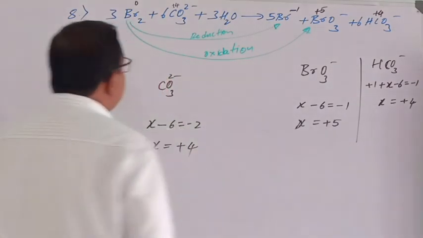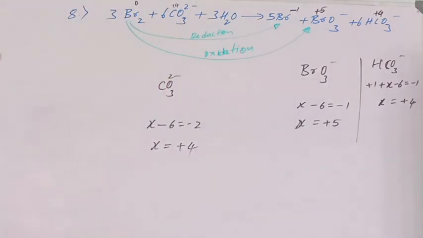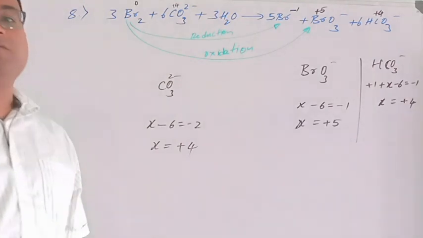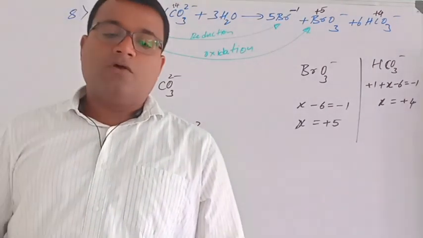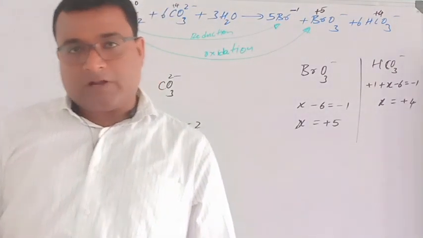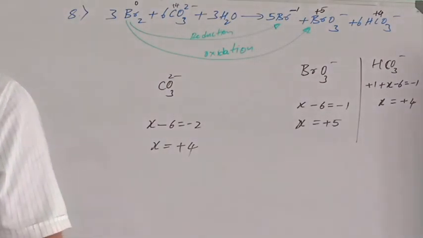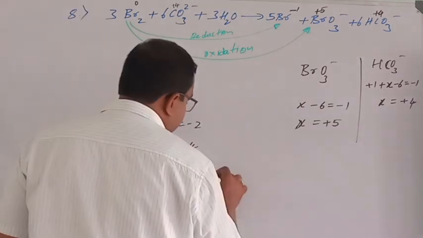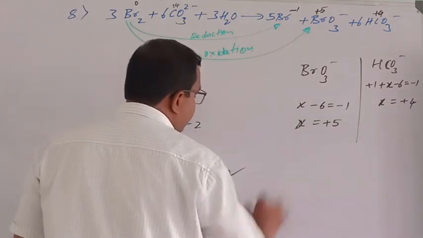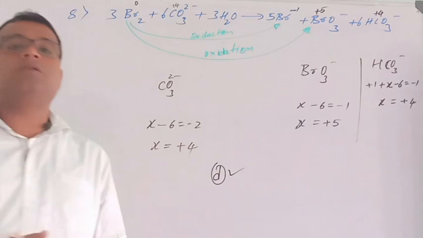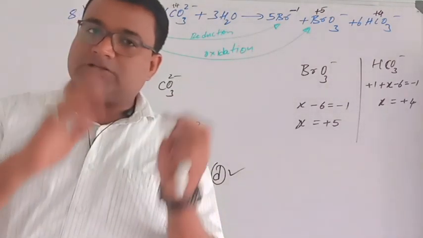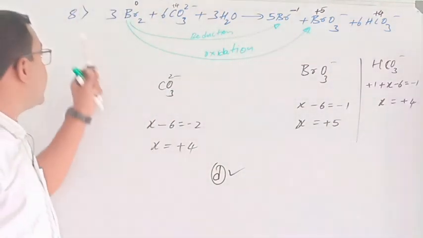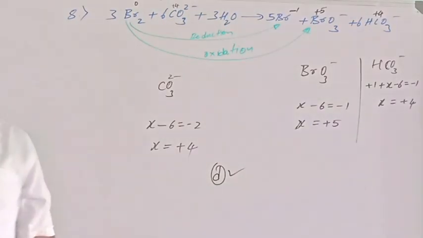What do you confirm? Bromine itself gets oxidized, and the same bromine gets reduced. So option D is the correct option, where bromine gets oxidized and bromine gets reduced. Option D is the correct option for question number 8.